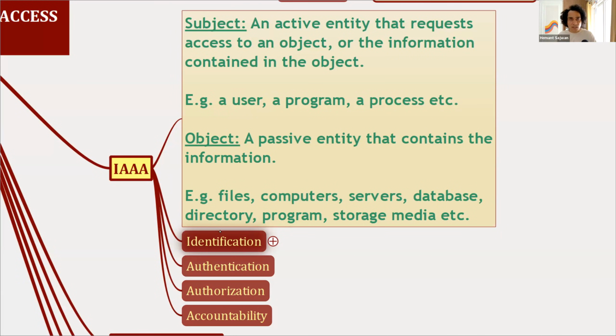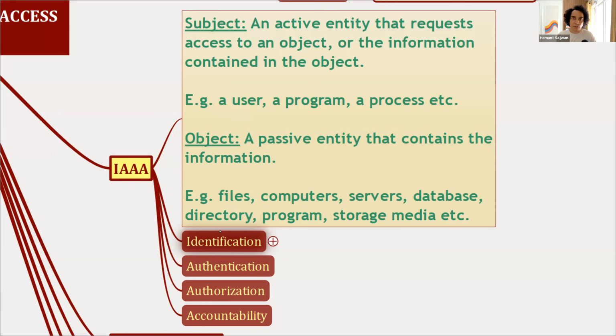But that is not always the case. A lot of the times we have certain resources and you want to make sure that only the right individuals, the right parties access that resource. In order to make sure that only the right parties or the right people access that resource, you have to first of all identify who is it that is trying to access that resource.